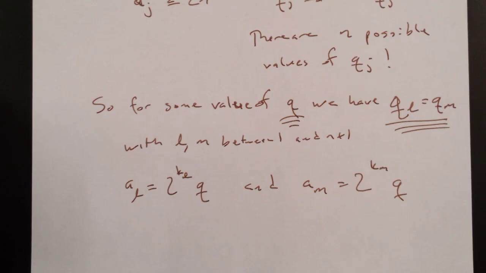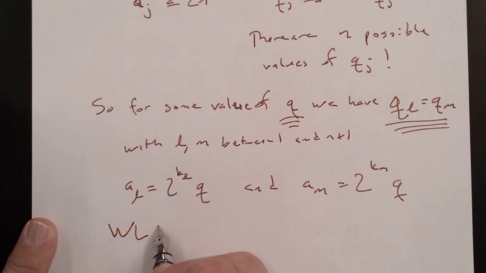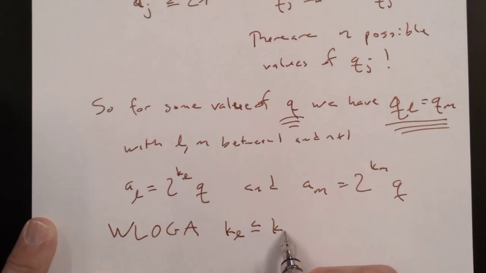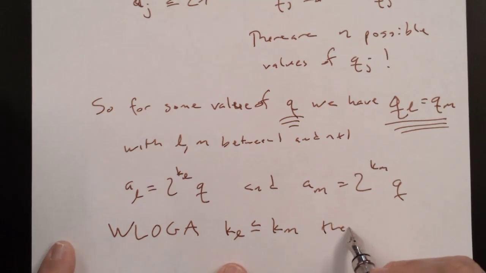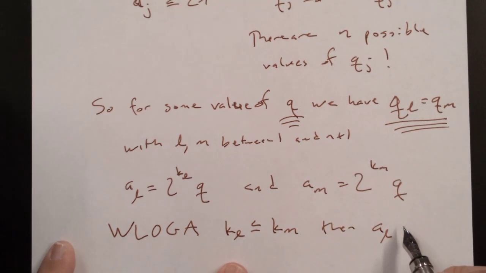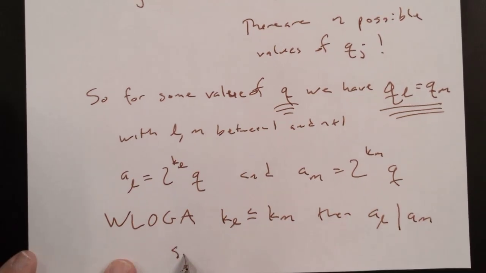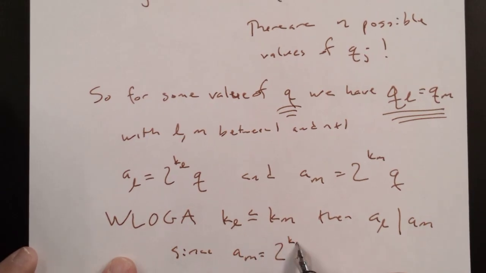Without loss of generality, assume L. Without loss of generality, assume KL is less than or equal to KM. Then AL divides AM, since AM is 2 to the KM minus KL times 2 to the KL Q.